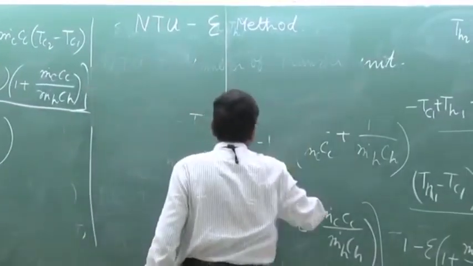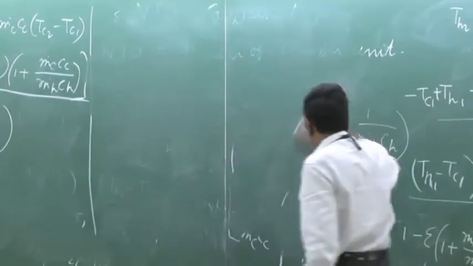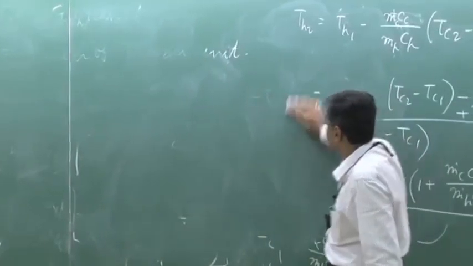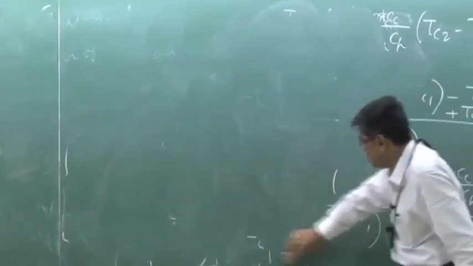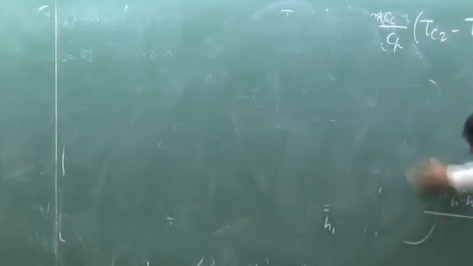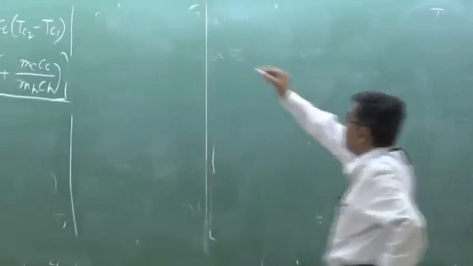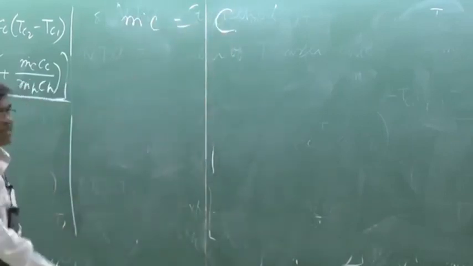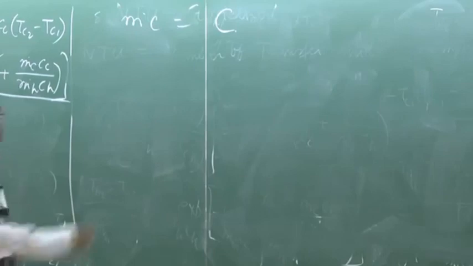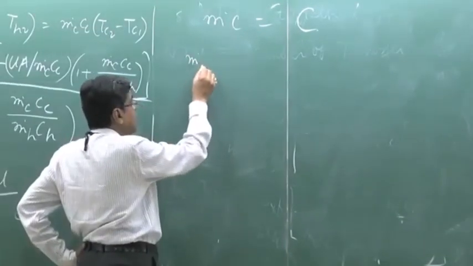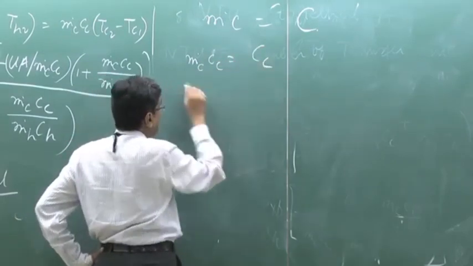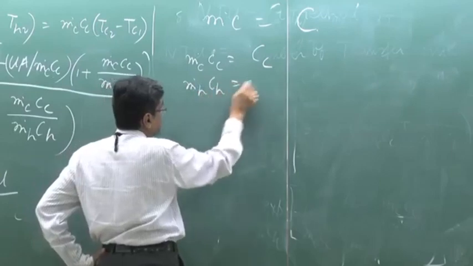If I make a very compact form by defining a parameter, m dot c as the capital C, that means the capacity rate or simply the capacity, so m dot c cc is Cc, and m dot h ch is equal to Ch.